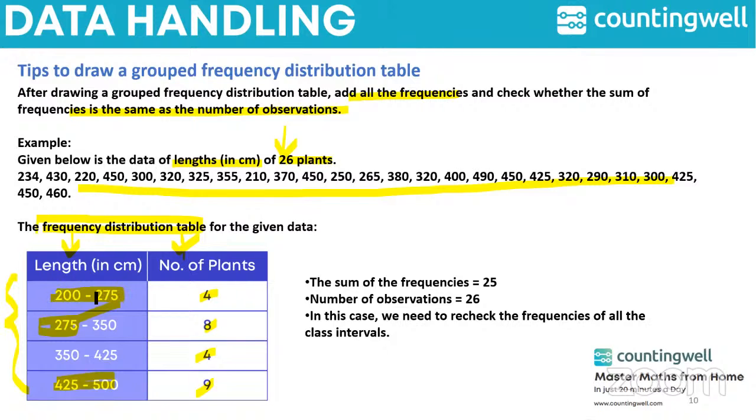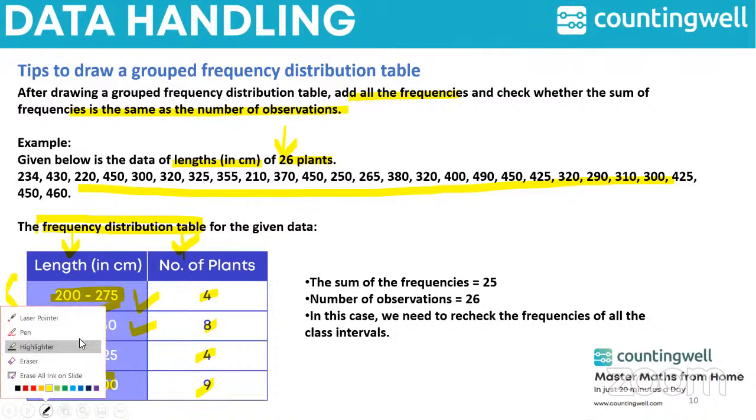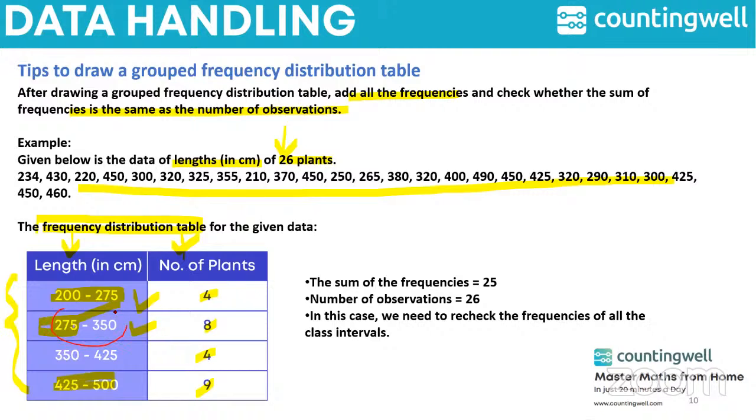Okay, so the higher class limit of the first class interval and the lower class limit of the second class interval are both the same. So if we have any observation as 275, will we include that observation here or here? We will include it in the class interval which is 275 to 350. So this should not be taken as confusion.